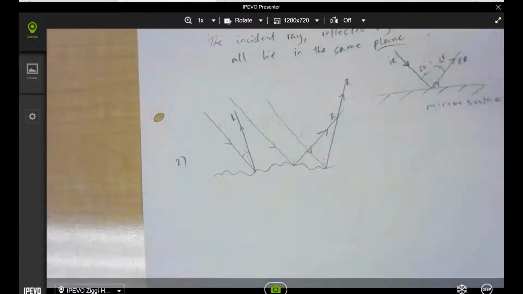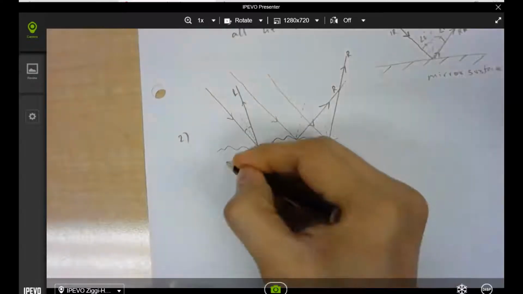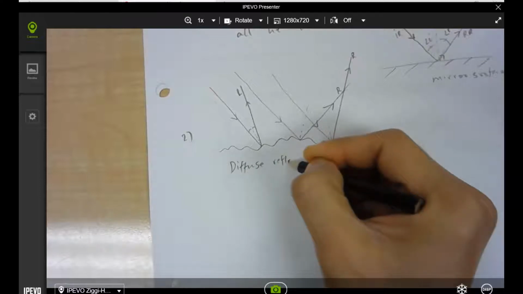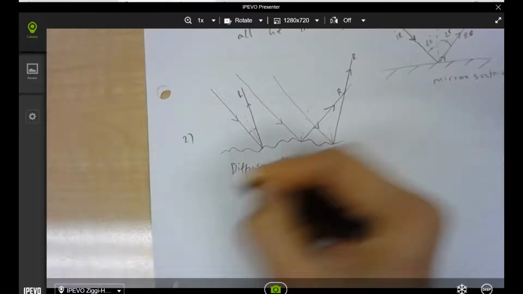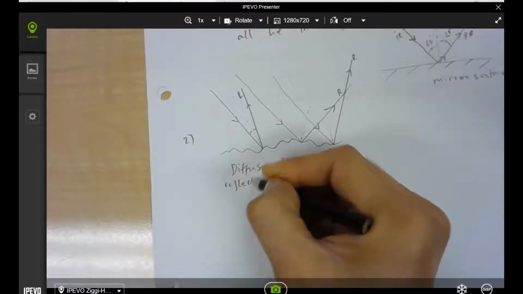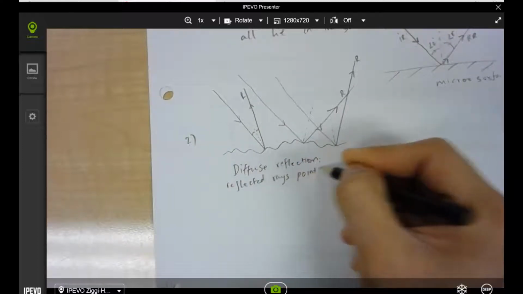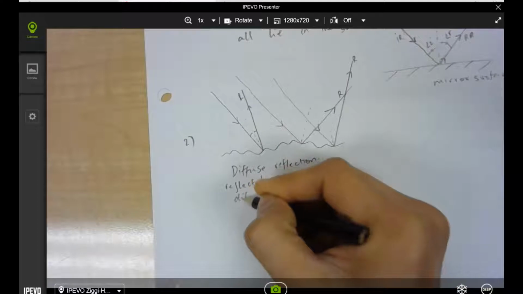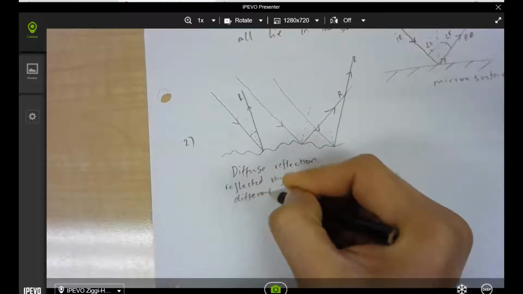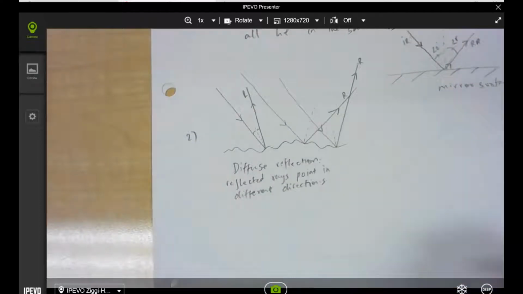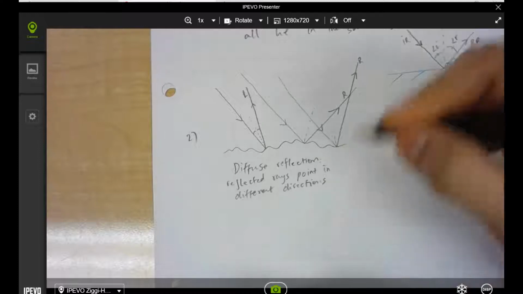So this is what is known as diffuse reflection, where reflected rays point in or go in different directions. And this is what causes you to not be able to see your reflection on the surface of paper. The surface of paper is white.